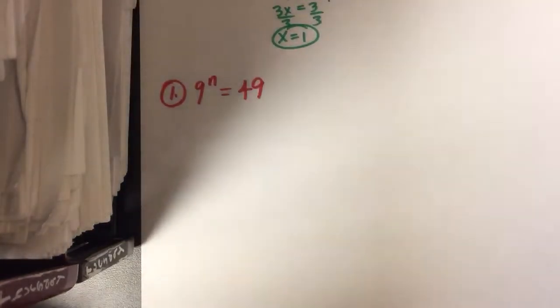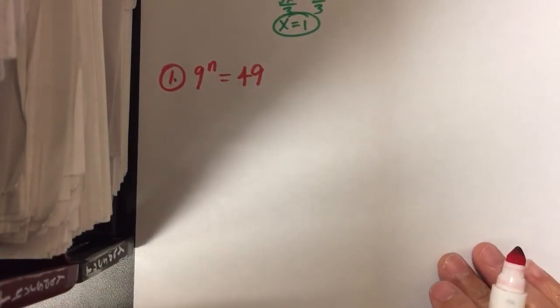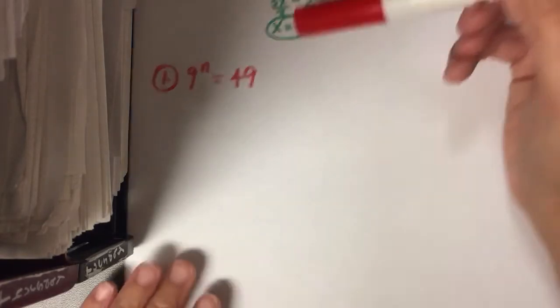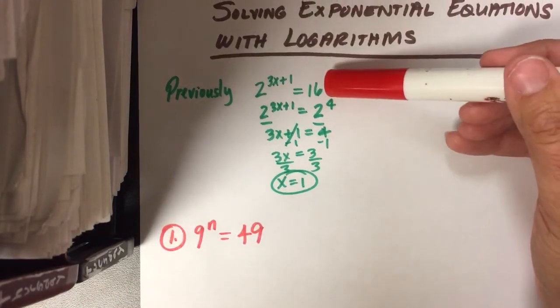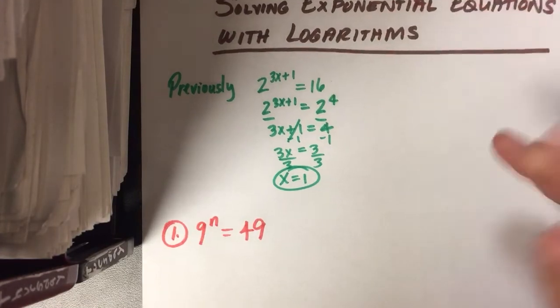Now, there's no way that I can make this have a common base. 9 and 49 do not have common bases. So I can't solve it like I solved this one by converting the values to have the same base. It's not possible.